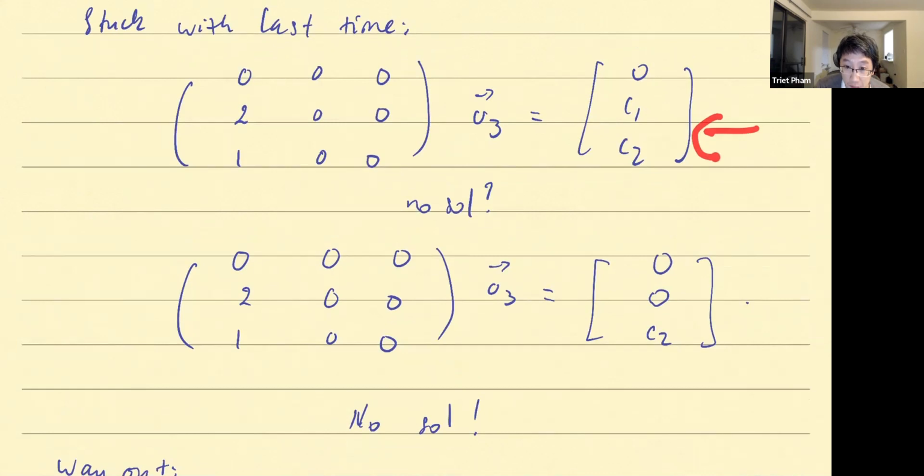But what does that mean? That's why I put a question mark here. This system has a solution as long as you're willing to let C2 and C1 have a particular relationship with each other.